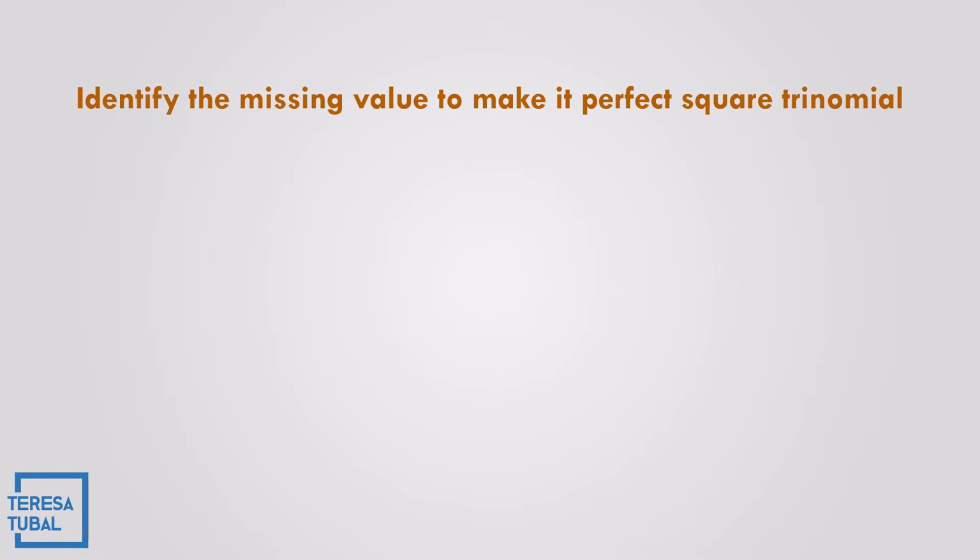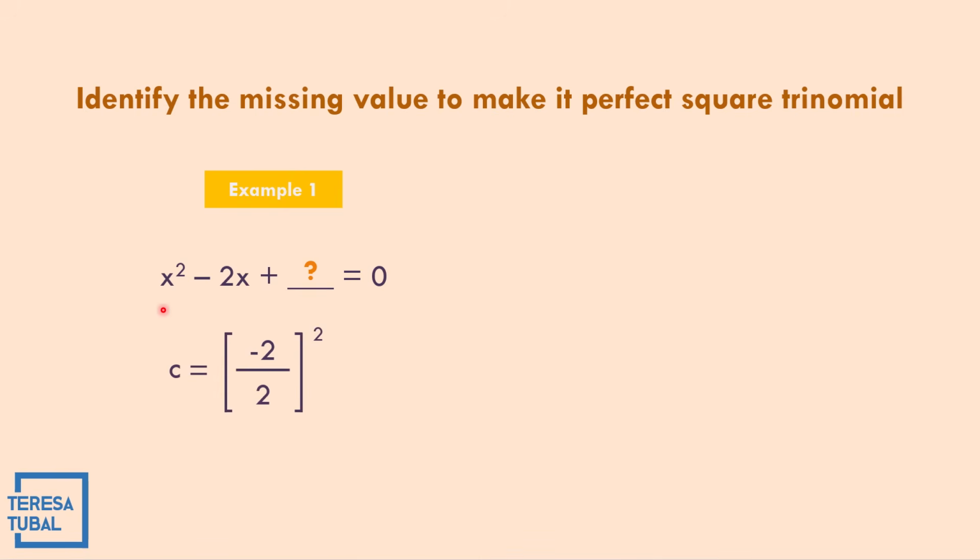Let us identify the missing value to make it a perfect square trinomial. In example number 1, x squared minus 2x plus the blank is equal to 0. So the formula for c is equal to b divided by 2 and then square. b is equal to negative 2 divided by 2 and then square. Negative 2 divided by 2 is equal to negative 1.